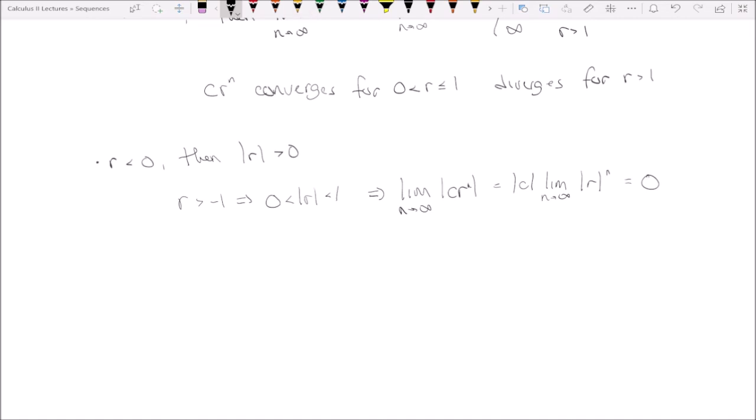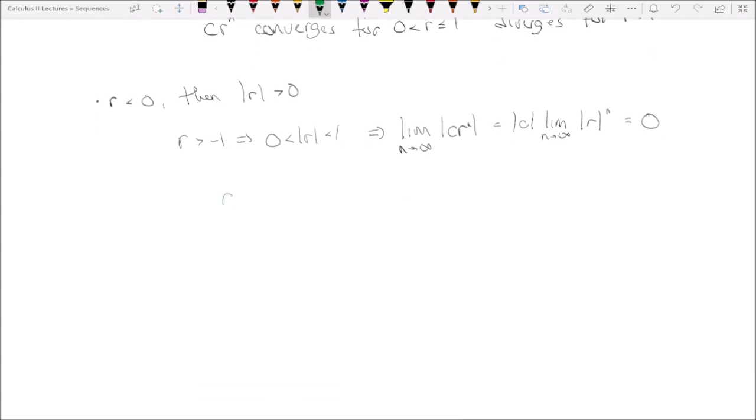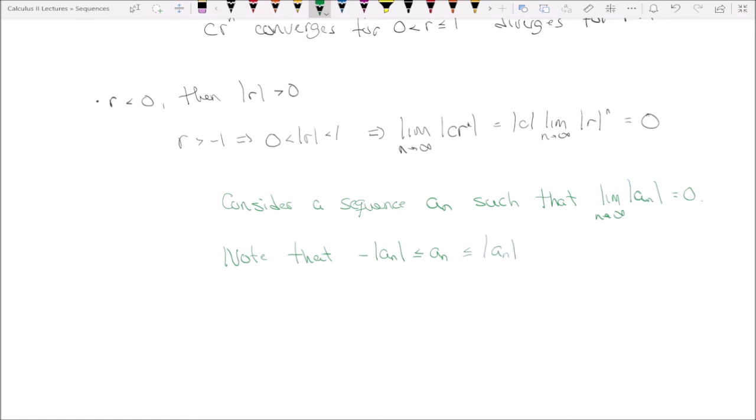But what does it say about the limit of cr to the n? Well, consider a sequence a sub n such that the limit as n goes to infinity of the absolute value of a sub n is equal to 0. Now, note that negative absolute value of a sub n will be less than or equal to a sub n, which is going to be less than or equal to the absolute value of a sub n.